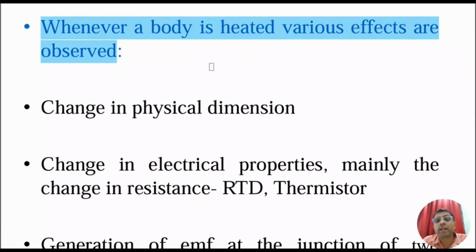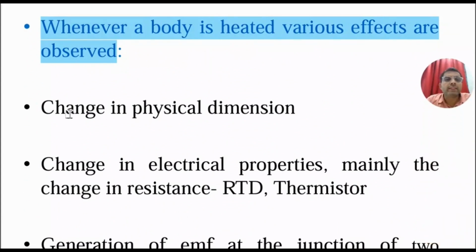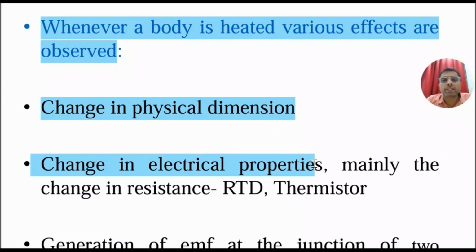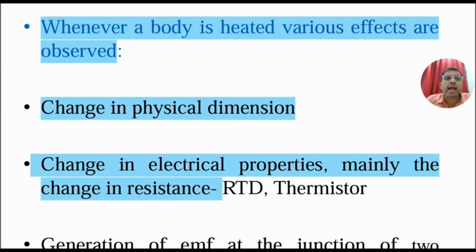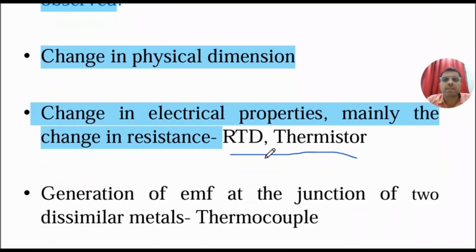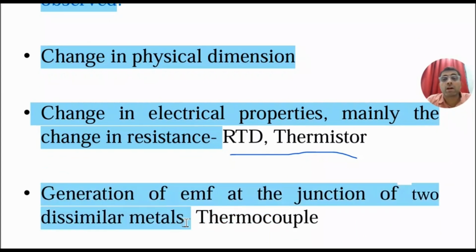If any body is heated, what happens, that is important. Change in physical dimension, so the physical dimension of the body can change. Change in electrical properties, mainly the change in resistance, and that property of change in resistance because of temperature has been used in the RTD and thermistor. In the thermocouple a different principle is used: because of heating of the body, generation of EMF at the junction of two dissimilar metals can happen, and this concept has been used in the thermocouple. So in this video we are going to see only the RTD. In another video we will see thermistor, and after that we will see the thermocouple, right?